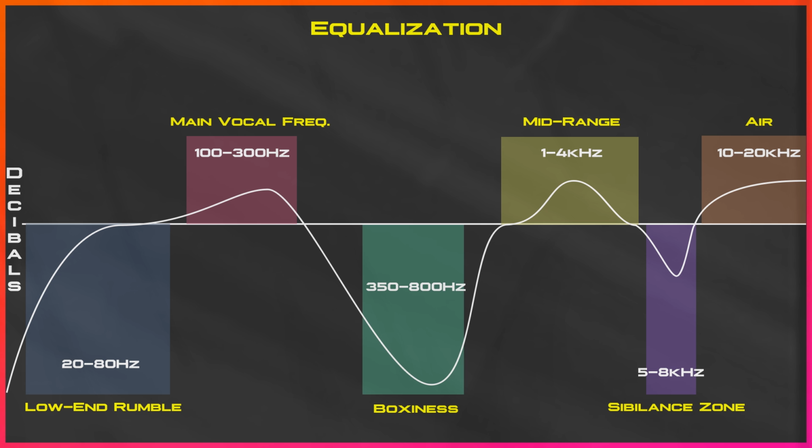The next zone is what is usually referred to as the sibilance zone, from 5 to 8k hertz. A lot of us really refer to this area as the S sound. We try and eliminate the S sound or the sibilance as much as possible, but without destroying the voice. And then lastly, the air region, which is going to be 10 to 20k hertz.